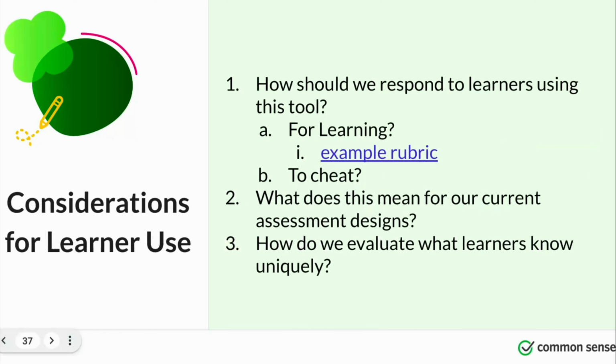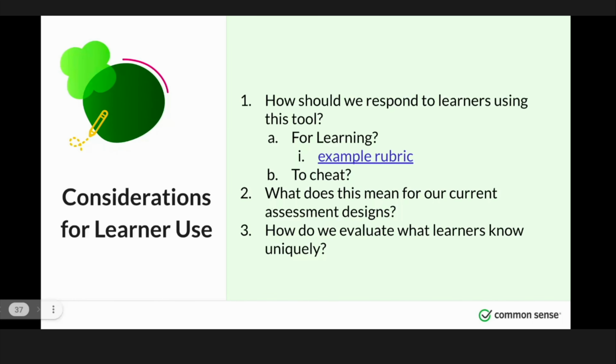And then for the learners, how should we respond to learners using this tool? We can maybe throw this in the chat. We have an example rubric I can open up for you. We did this session with another group of educators and teachers here. And this just gives you an idea of what a rubric could look like if you make an assignment for students and allow them to use AI for certain parts of that assignment.